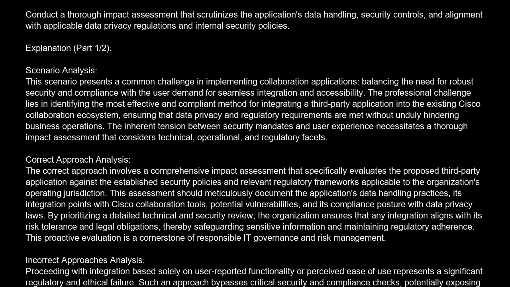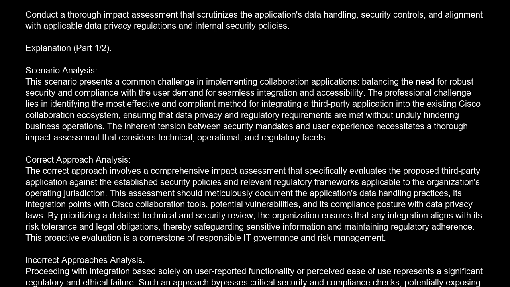Correct approach analysis. The correct approach involves a comprehensive impact assessment that specifically evaluates the proposed third-party application against the established security policies and relevant regulatory frameworks applicable to the organization's operating jurisdiction. This assessment should meticulously document the application's data handling practices, its integration points with Cisco collaboration tools, potential vulnerabilities, and its compliance posture with data privacy laws.